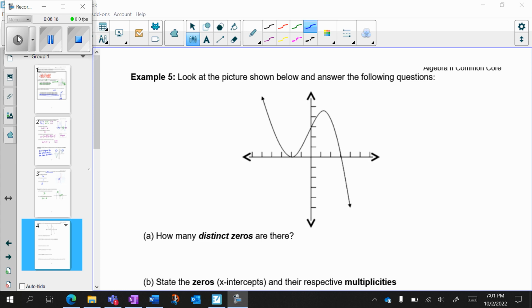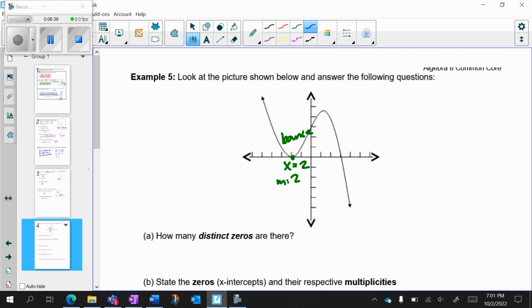Next, example 5. Look at the picture shown below and answer the following question. So let's look. Here we have at x equals -2, we have a bounce. So that has a multiplicity of 2.